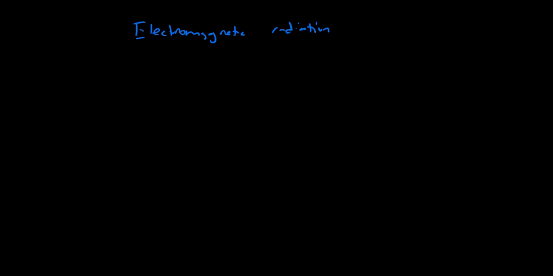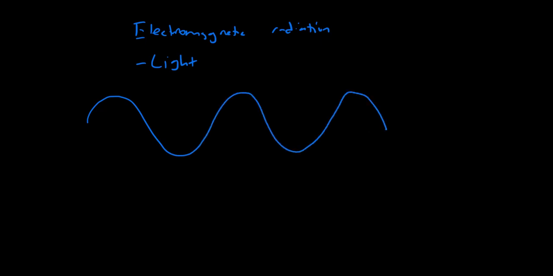So light can behave in the form of waves. And light is a type of electromagnetic radiation. So I'm going to draw a light wave like this. And this right here is going to be the midline of the wave.